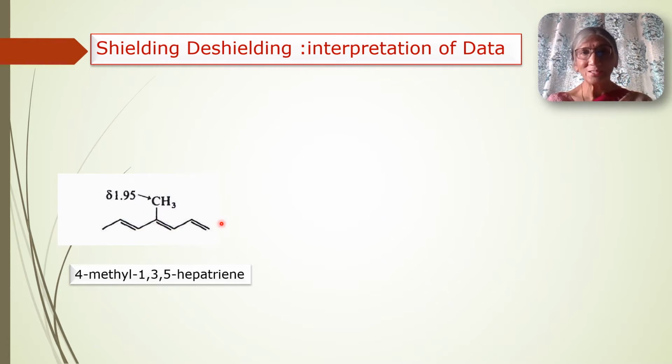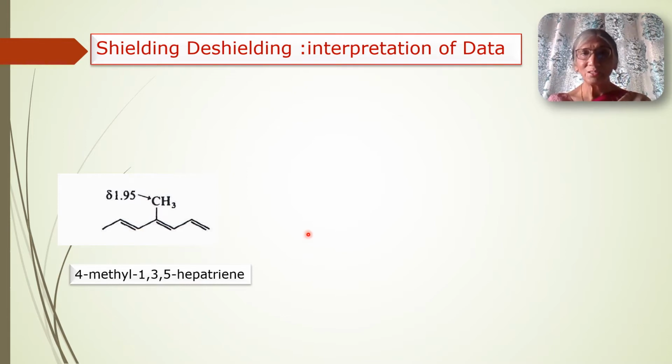But here, since it is an unsaturated compound, the methyl is bonded to an sp2 hybrid carbon atom, and therefore the delta value is 1.95. It is because the methyl protons are present in the paramagnetic area which is generated by the circulation of the pi electrons. That's why there is a chemical shift from 0.9 delta to 1.95 delta.